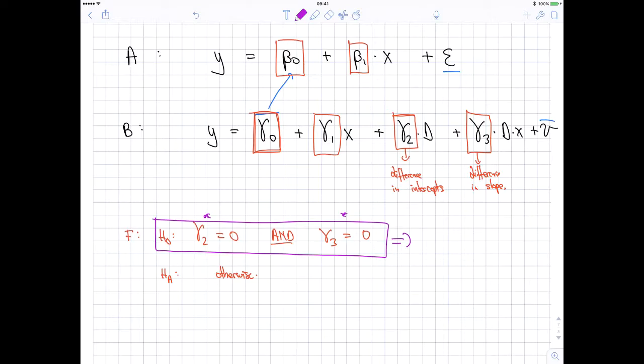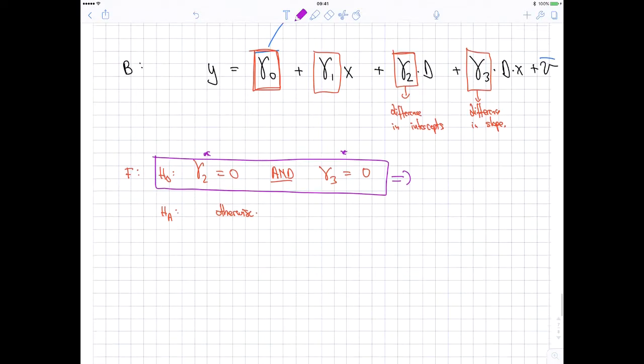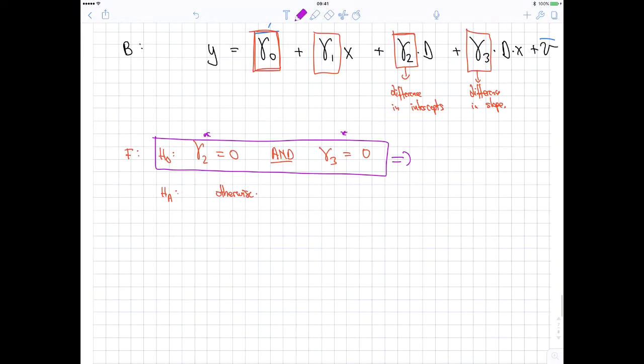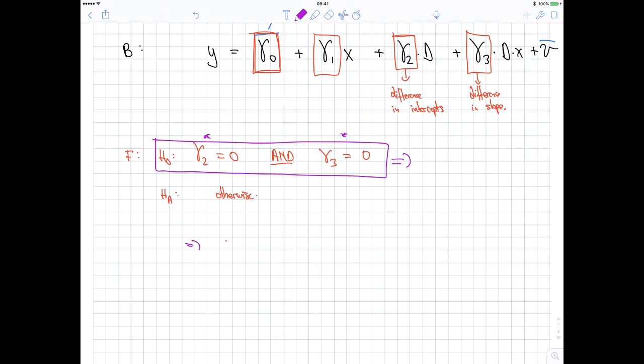So if you fail to reject, A would be your favorite. Okay? So if you reject H0, you imply that there is a difference.